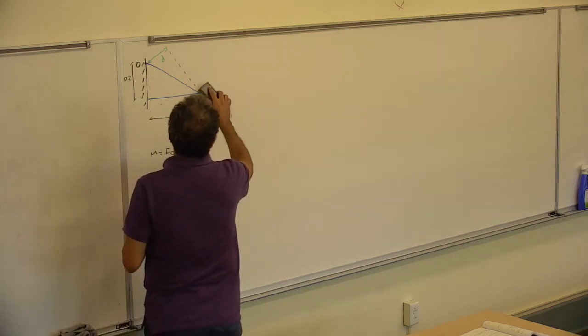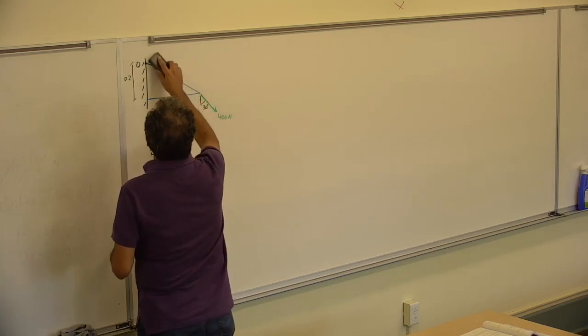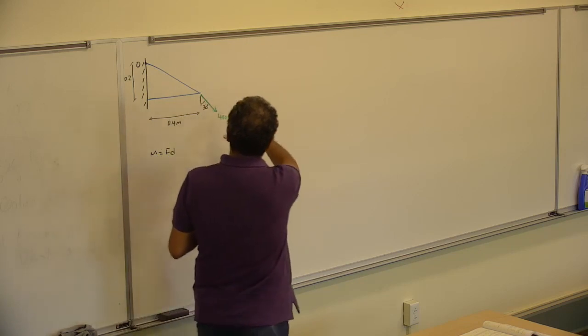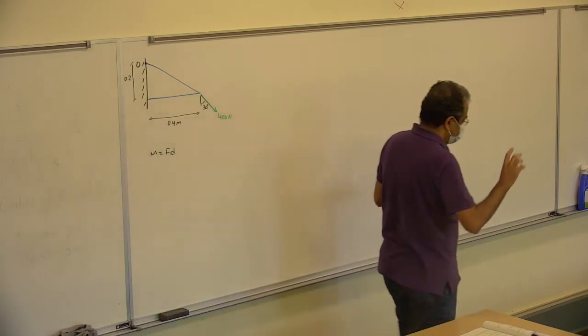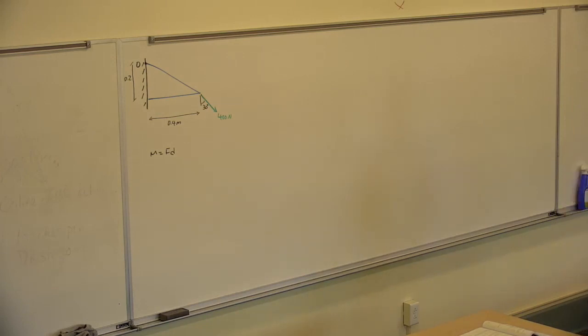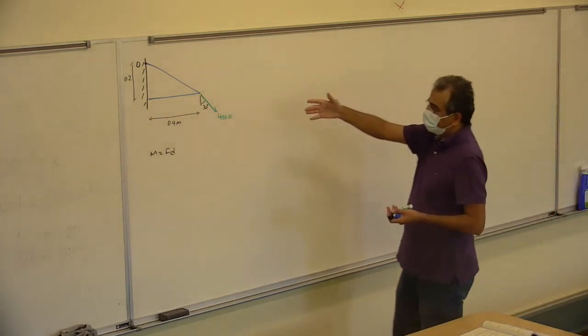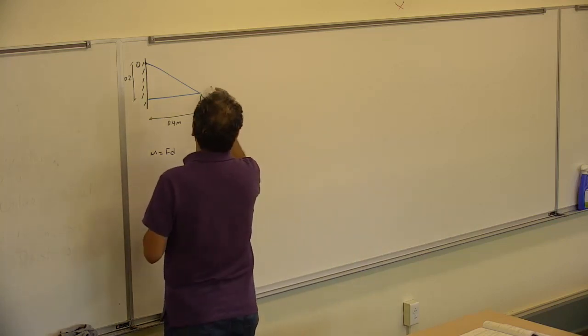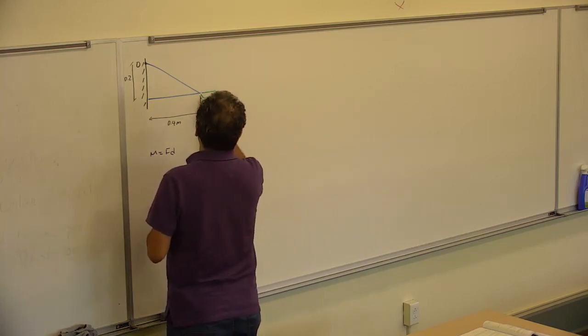So instead of doing that, we can go ahead and find the components of that force, then find the moment for the components, and then add them together. So you're going to have the horizontal component and the vertical component.